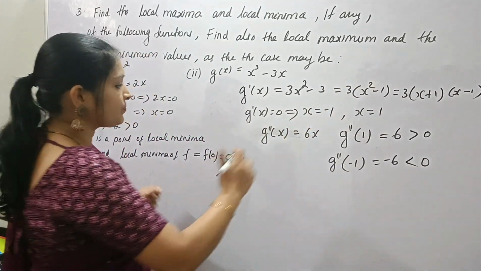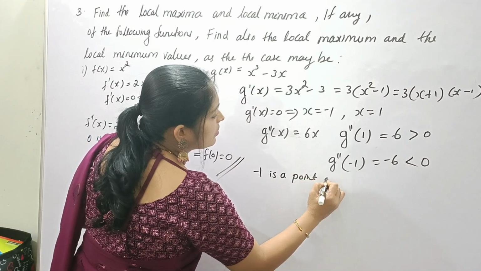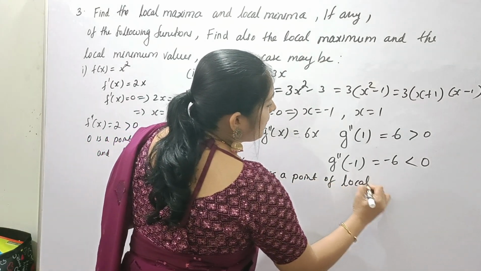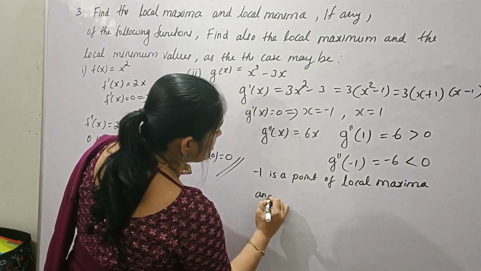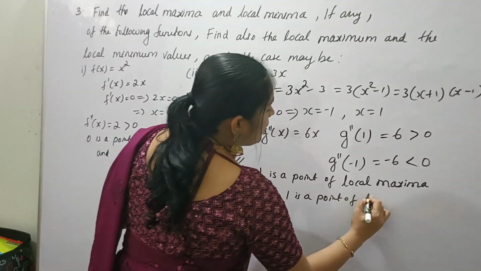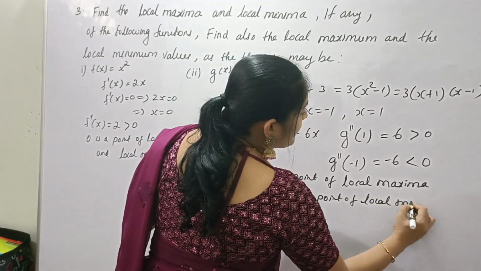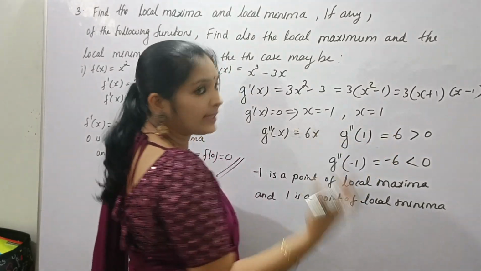So minus 1 is a point of local maxima, and 1 is a point of local minima, because here we have got g double dash of 1 greater than 0.